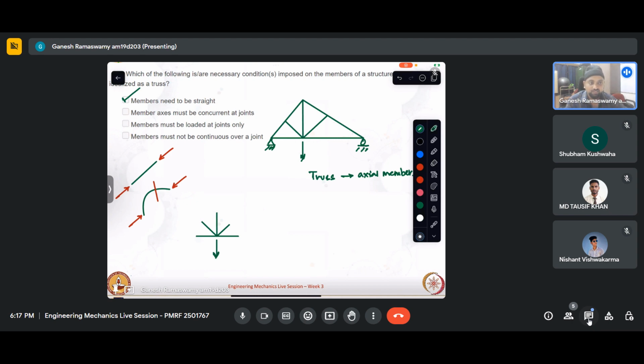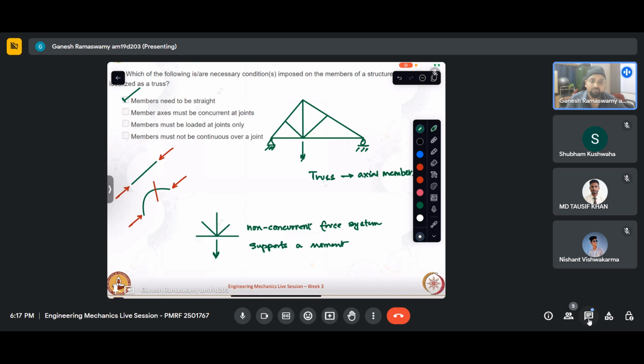In which case, these moments will also get transferred to the members, which is why we cannot have a joint where the members are not connected in such a way that it forms a concurrent force system. Because a non-concurrent force system supports a moment.